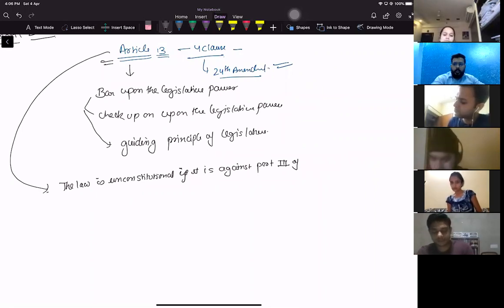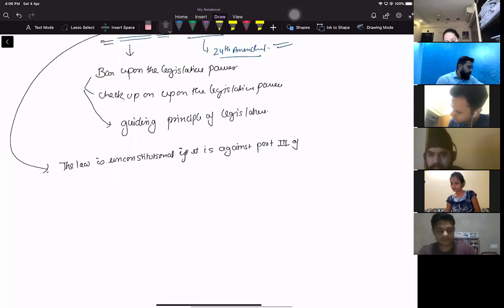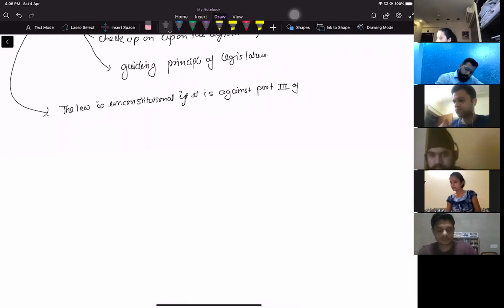No law is allowed apart from fundamental rights. So you cannot go beyond fundamental rights. You cannot do anything which is beyond fundamental rights. Basically this law is trying to say this part. So let us try to understand what it is saying. Let us give the reading, clause 1.